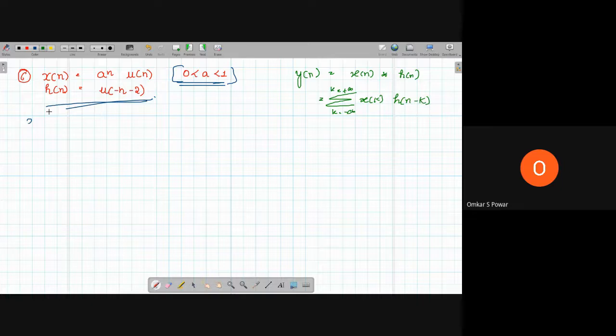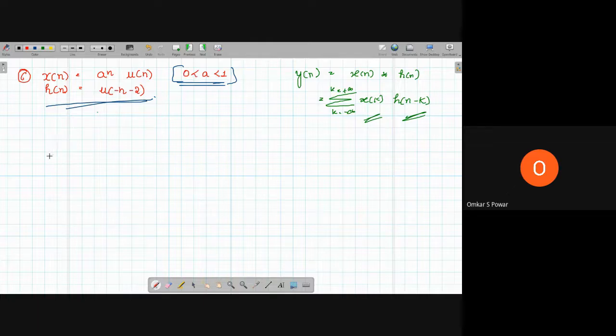Now case 1, if n less than 0, and then case 2, I have to write, but before that, what we have to do is plot this x of k and h of n minus k. So we will plot that. We have x of n is equal to a power of n u of n, but this a lies between 0 and 1.